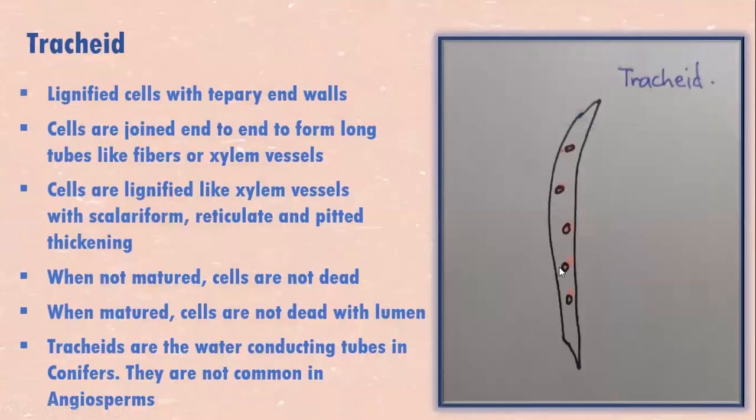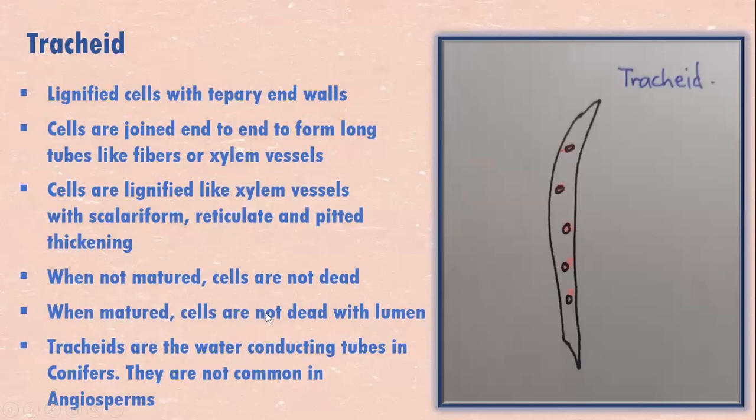The tracheid cell looks elongated with tapering ends, not as tapering as fibers, but they are also joined end to end like xylem vessels or fibers. The cells of tracheids are also lignified, and they also form scalariform, reticulate, or pitted thickening like xylem vessels.